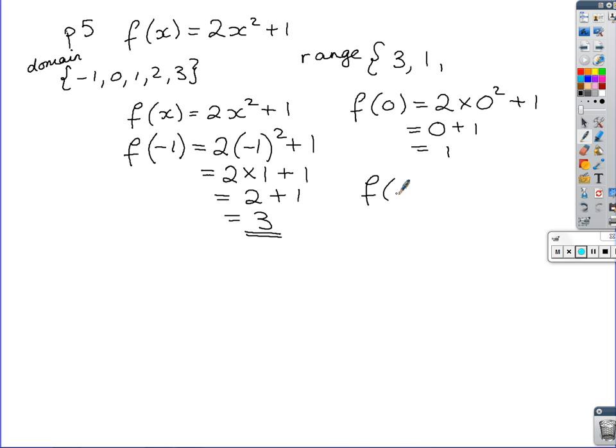Next number is f of 1. 2 times 1 squared plus 1 is 2 plus 1, 3. 3 again. So we've already got 3 written down here in our range, so we don't need to write that twice.